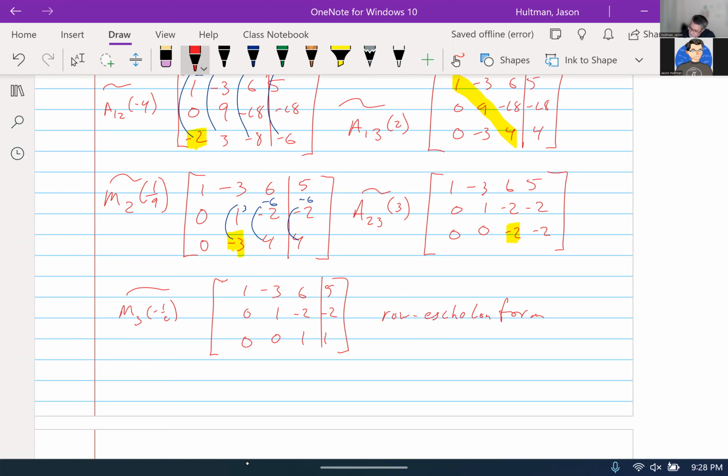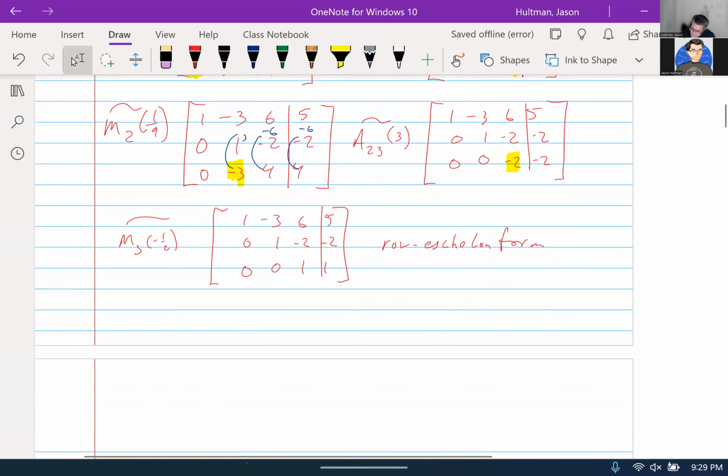Okay, and I forgot to put my augmentation in. And so what does this tell me? Well, this tells me that I can rewrite my original equations in what our resultant rows give us.